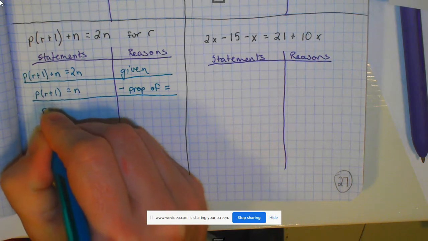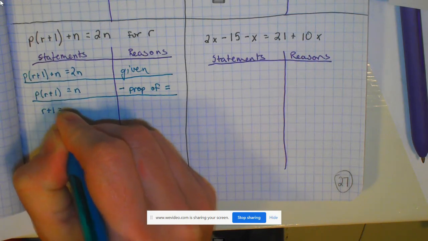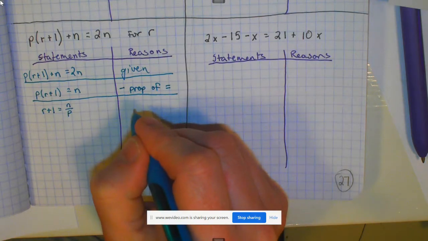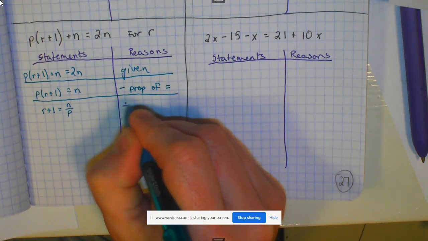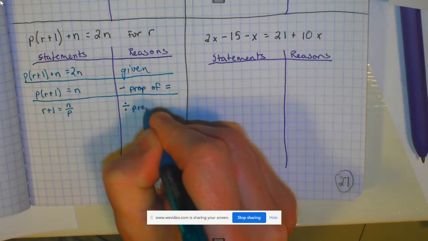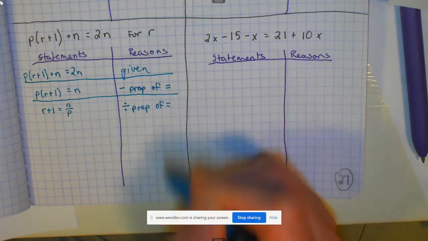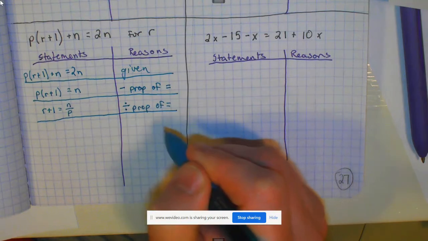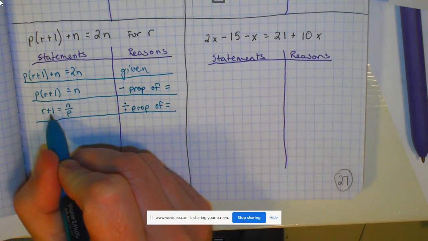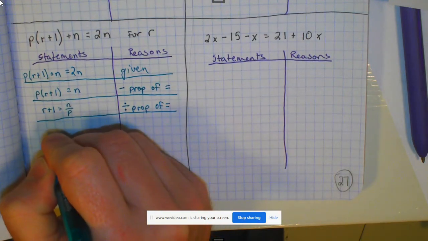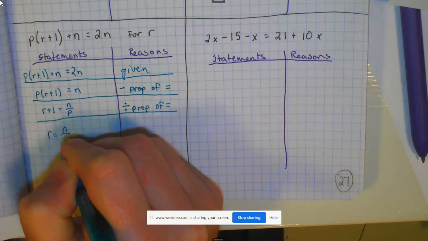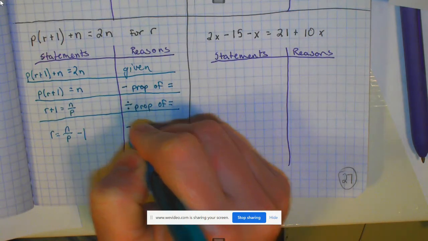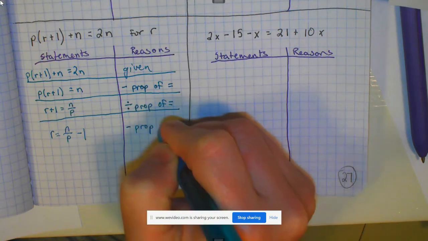I get R plus 1 equals N over P. And I divided both sides by the same thing, so that's division property of equality. Okay. And remember, I'm just trying to get R all by itself, so the last thing I need to do is subtract 1. So R equals N over P minus 1. And that was the subtraction property of equality.